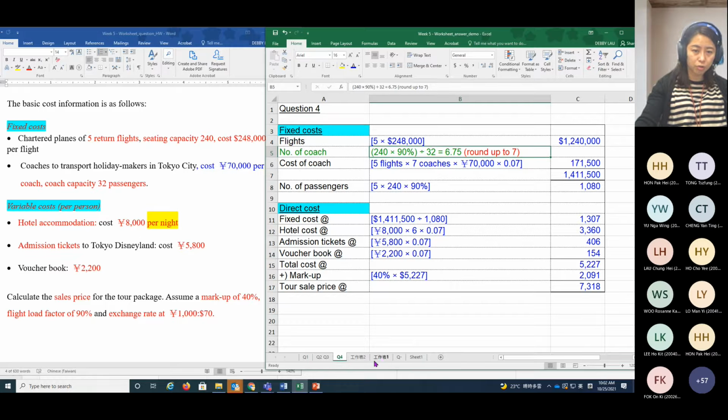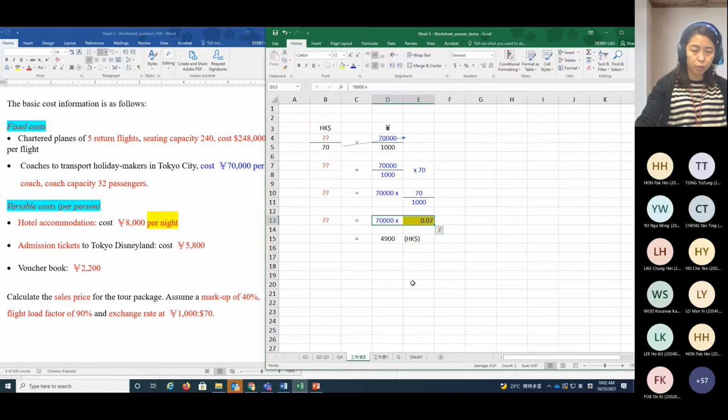You can take reference of the working we did before. This is the conversion you find finally: yen times 0.07, so it's easy to find your answer.